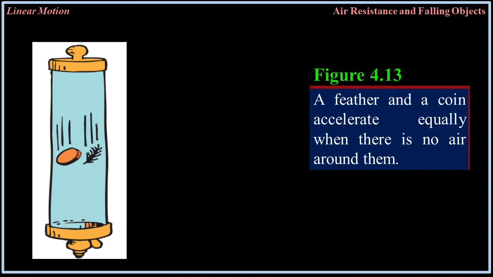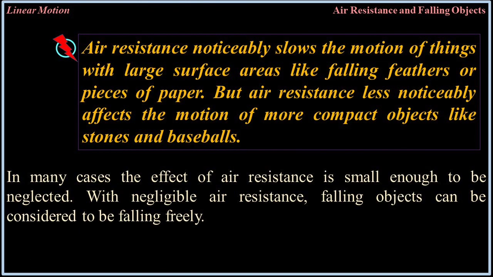Here is figure 4.13. A feather and a coin accelerate equally when there is no air around them. Air resistance noticeably slows the motion of things with large surface areas, like falling feathers or pieces of paper, but air resistance less noticeably affects the motion of more compact objects like stones and baseballs.